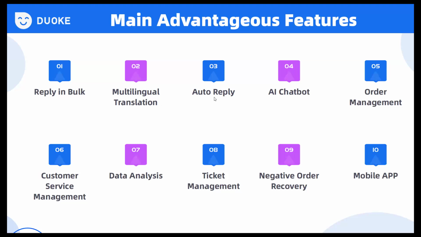And the third is auto reply and the AI chatbot, then order management, customer service management, data analysis, ticket management, negative order recovery, and we also support the mobile application. Now we will look into each function in detail.